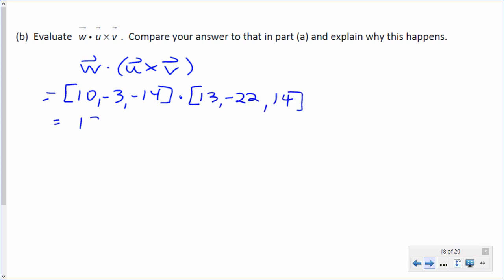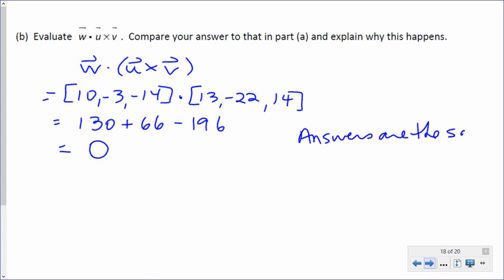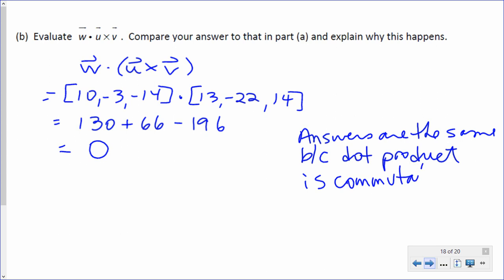And we know we got 130 plus 66 minus 196, equals 0. So compare your answer. Answers are the same because dot product is commutative. And that's all you're really doing. The cross product is like a piece of a puzzle, but the overall operation is a dot product, and you're allowed to do a dot product in either order.